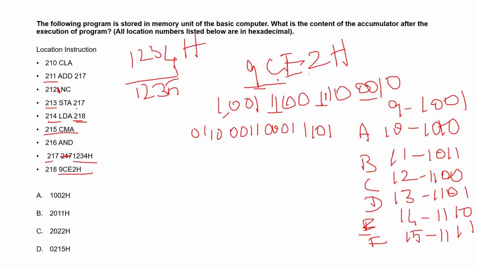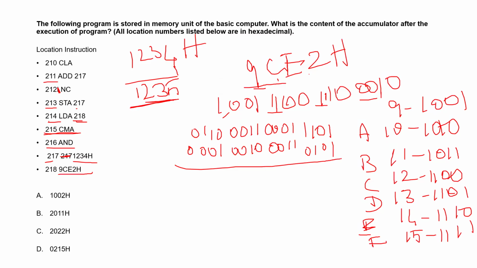With this complemented value, we need to do the AND operation with the other value. Now what is this value? We write here 1 as 0001, and 2 as 0010, and 3 as 0011, and 5 as 0101.